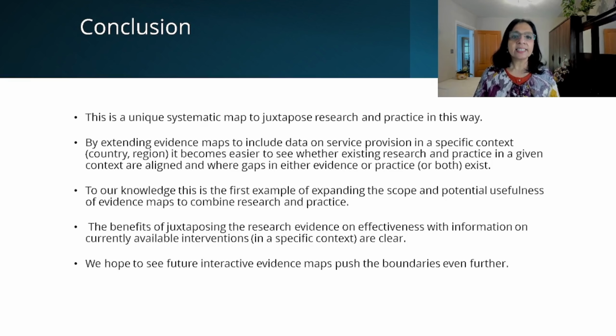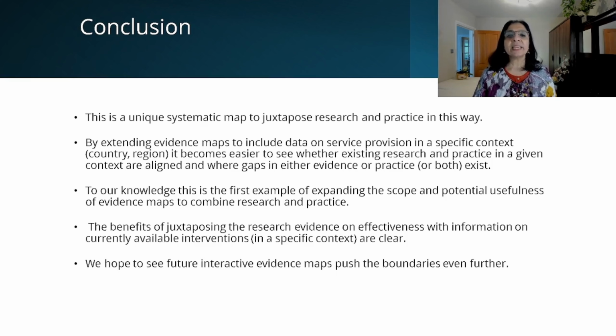So that is the strength of doing such detailed work. This work expands the scope and potential usefulness of systematic maps to combine research and practice. The benefits of juxtaposing the research evidence on effectiveness with information on currently available interventions in a specific context are very clear. So we hope to see future interactive evidence maps push the boundaries even further.